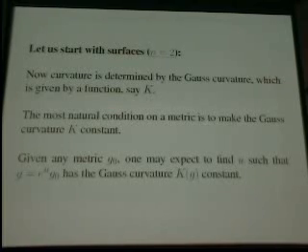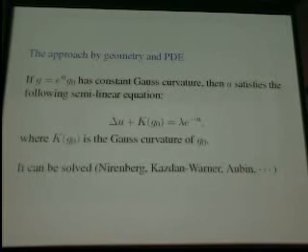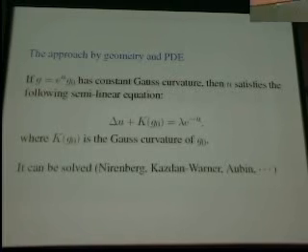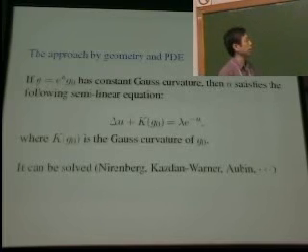But this amounts to solving the following partial differential equation, where g0 is a given metric, and g is the metric you want to find, which will have a constant Gauss curvature. Lambda is simply a constant here.